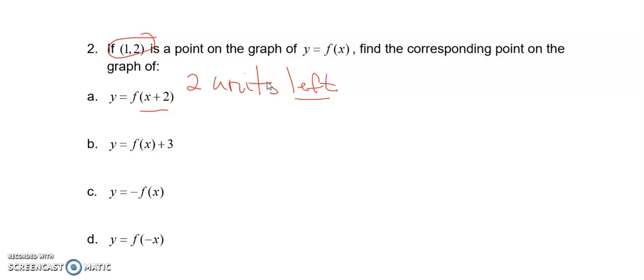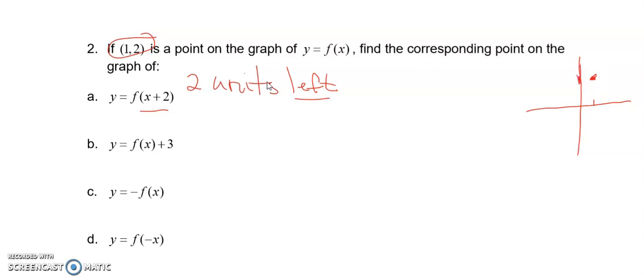Now, if you're still not sure what the coordinates of the new point are, just make up a simple set of axes. 1 and 2 would be approximately right there, say. 1 to the right and 2 up. That's the point (1, 2). So if that was moved 2 units to the left, it would move 1 unit to there.